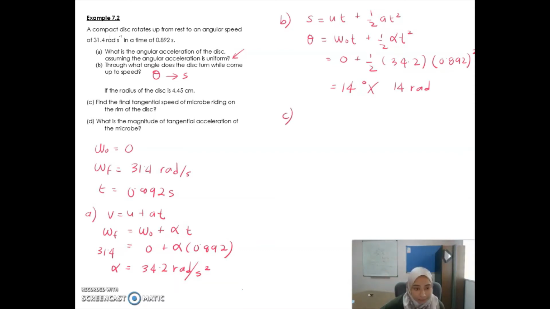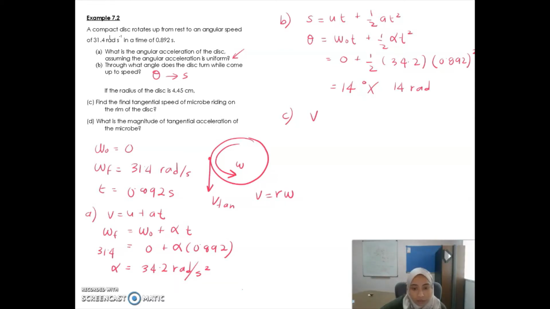Okay, so C. Find the tangential speed of the microbe riding on the rim of the disk. Now remember, we only know our omega, which is the speed of the rotation. So now it's asking you for the V tangential, or the linear V. And we can relate V to omega with this equation: V equals R omega.